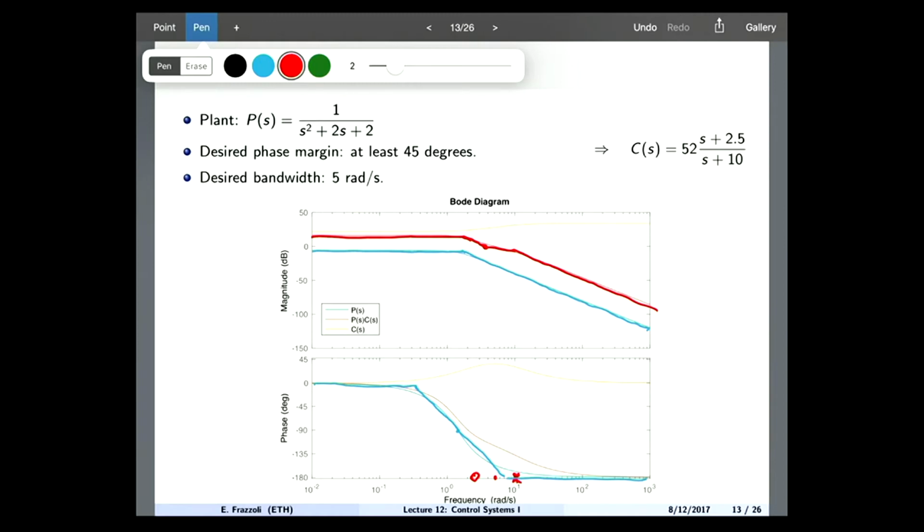And this is something you can get just from drawing what is called the Bode plot. This would be the Bode phase plot of the compensator.